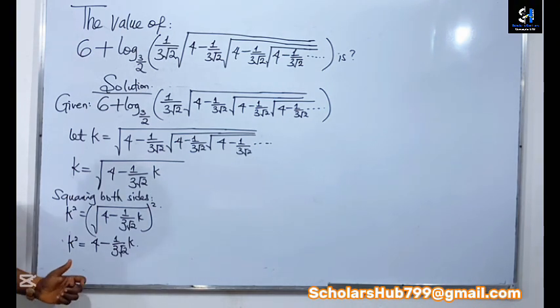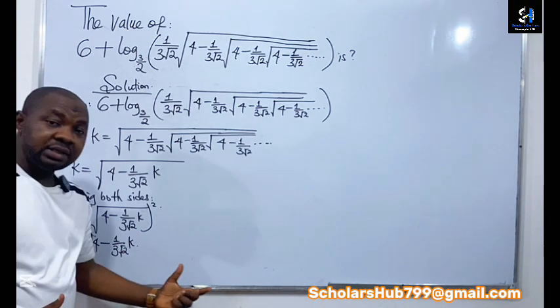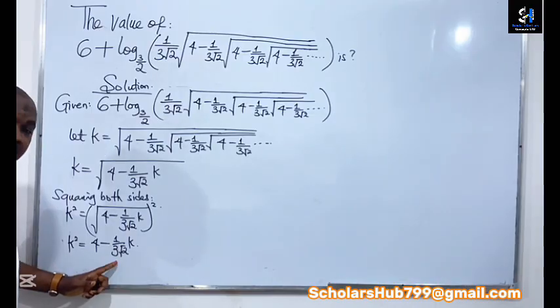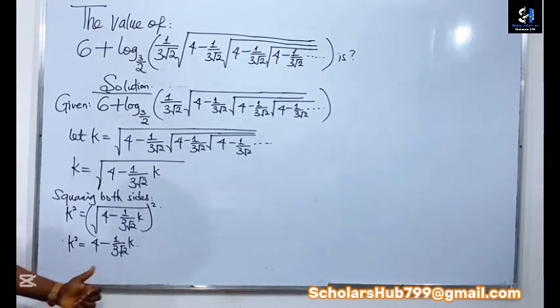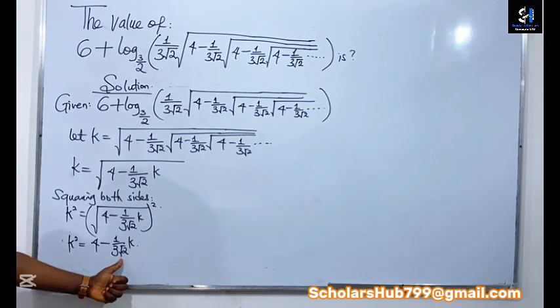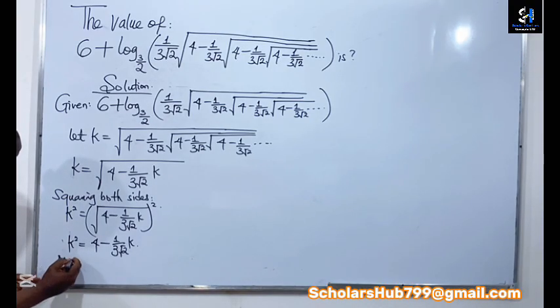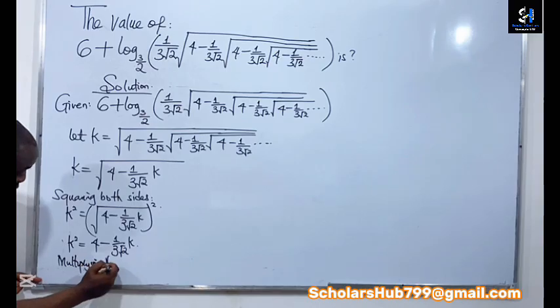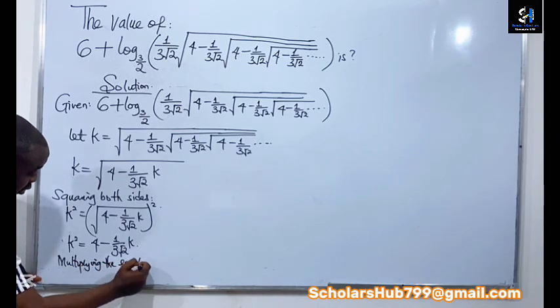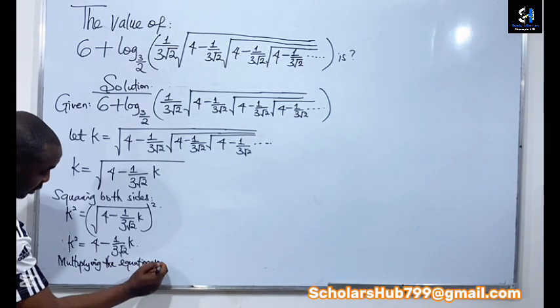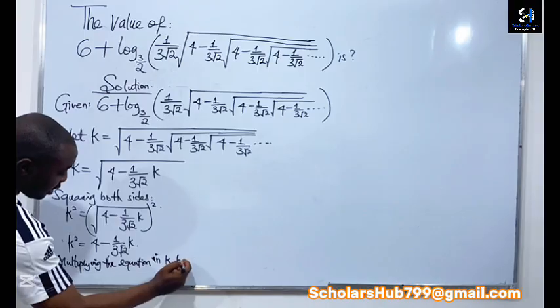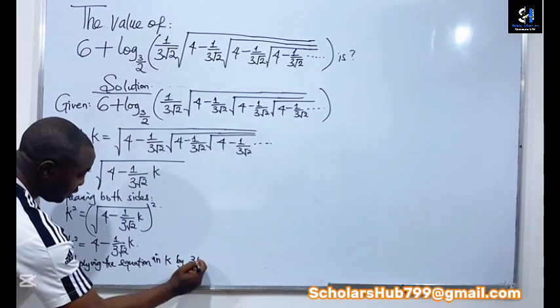All right, now to be able to write this as a standard quadratic equation, I'm going to multiply this equation by 3 root 2. Multiplying this equation in k by 3 root 2.